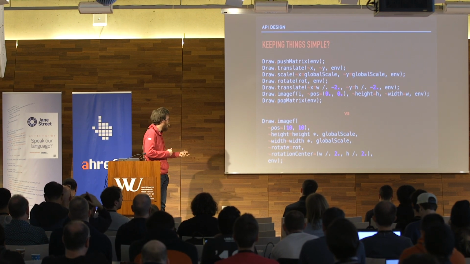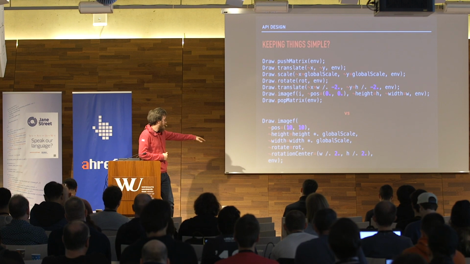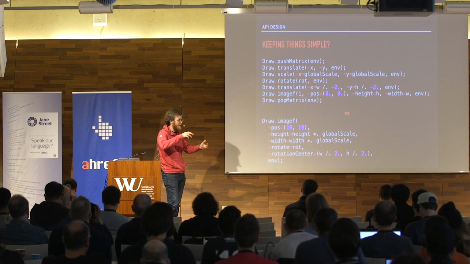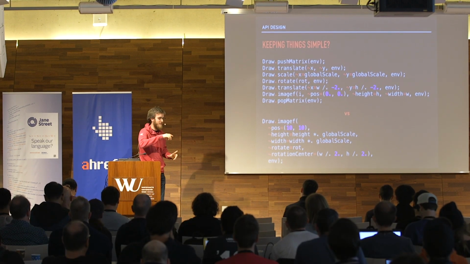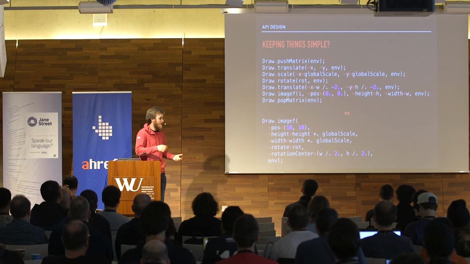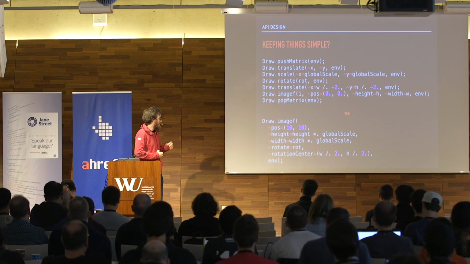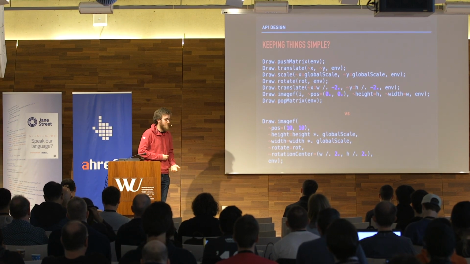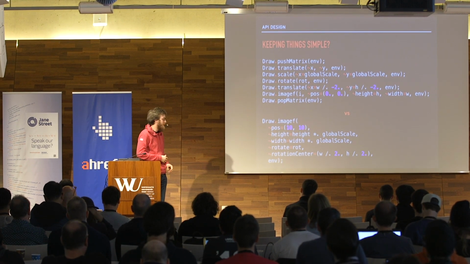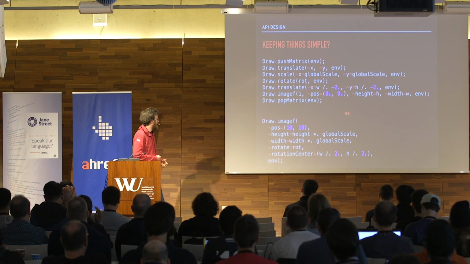And we think, okay, maybe we can add a rotation and a rotation center specification to all the draw calls, making them optional named parameters, so that most of the time you don't think about it, but then when you need to rotate, you can just say rotate. And that's easy.